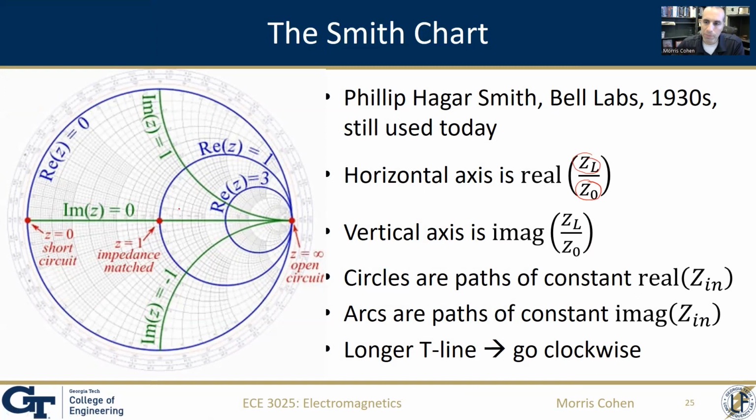So these circles basically represent paths which have the same real part of your input impedance. As you slide around the transmission line, or lengthen and shorten the transmission line, you're basically spinning around this circle exactly as we described earlier. The arcs here are paths of constant imaginary components of Zn. As you lengthen the transmission line, you're going to just keep walking in the clockwise direction.